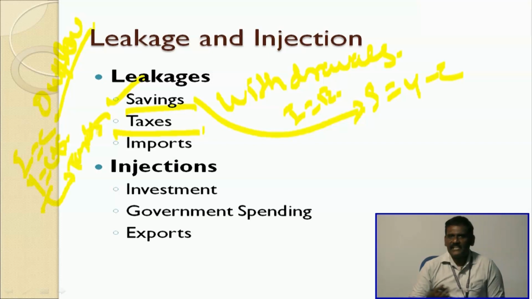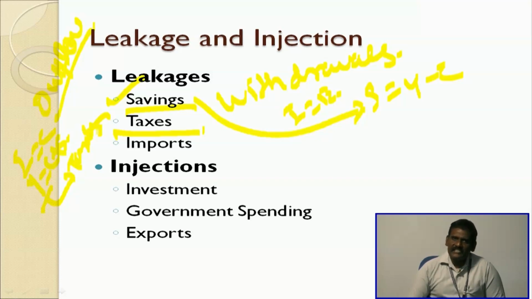If it is exceeding the limit prescribed by the government, you need to pay the taxes. So, how much do I need to pay in taxes? That problem we also need to understand. Taxes are also considered as leakages, an outflow of money; the taxes are withdrawals.